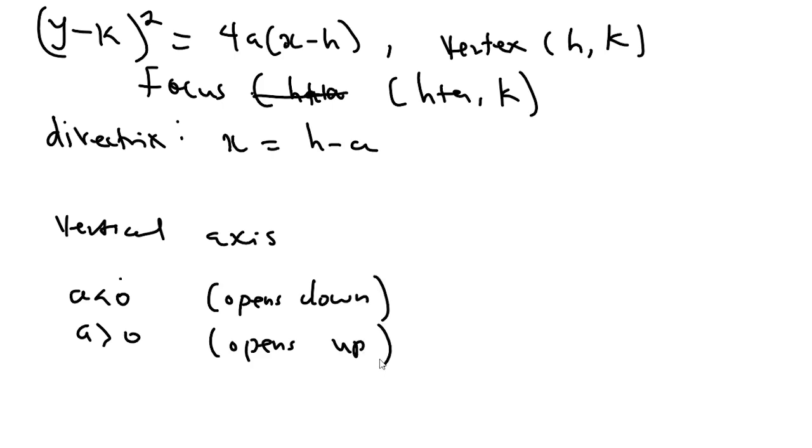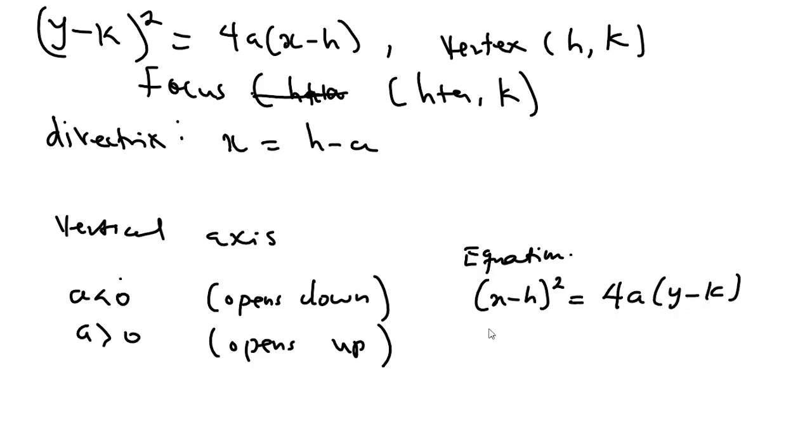Now, what will be the equation? In this case, the equation is (x minus h) squared equals 4a multiplying (y minus k).